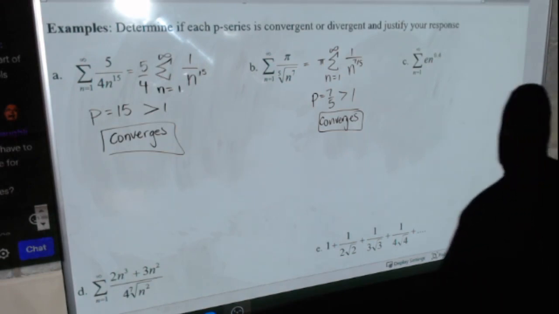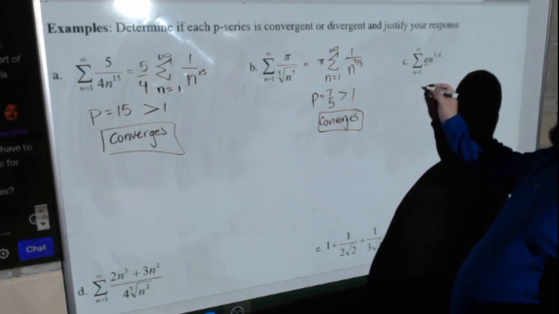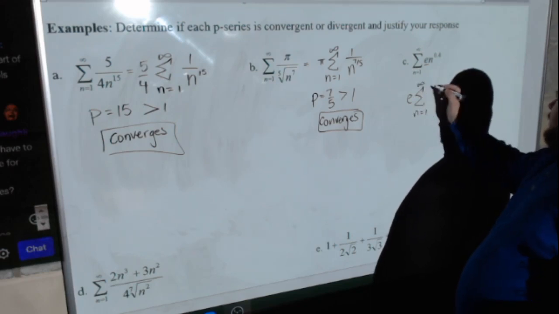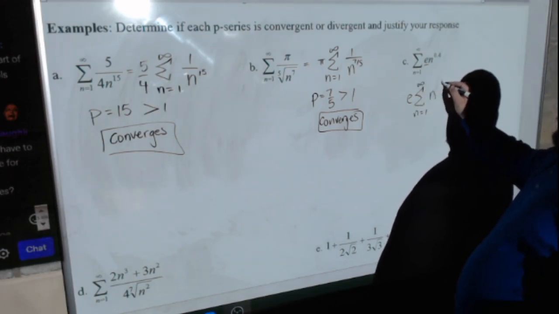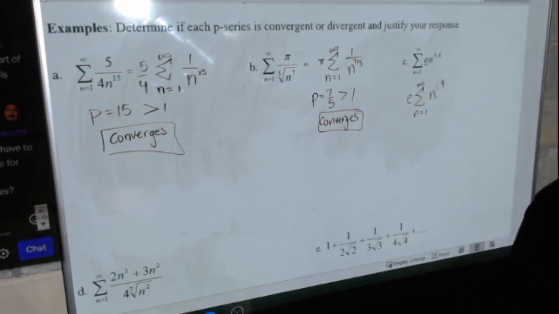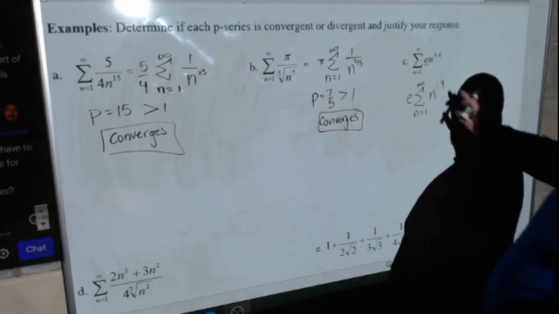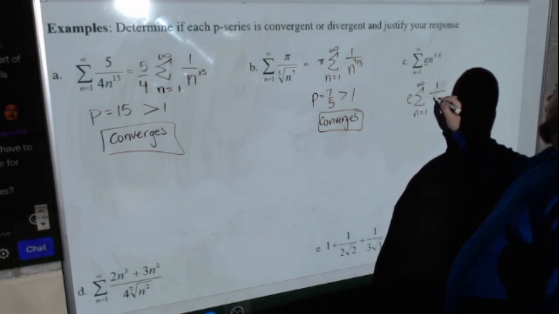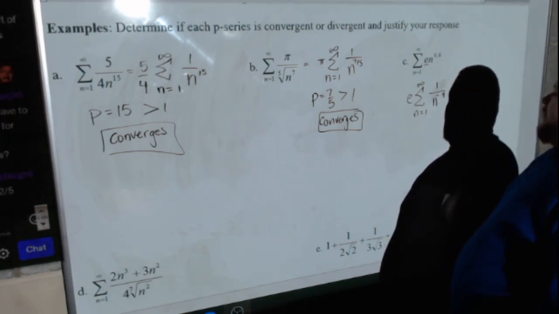What about C here? Well, this is just e, so I can pull that out. But this isn't in the form of 1 over n to a power. I can write it that way. I can rewrite this as 1 over n to the minus 0.4.